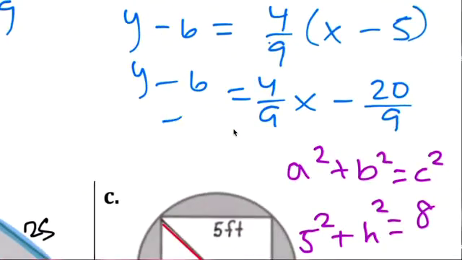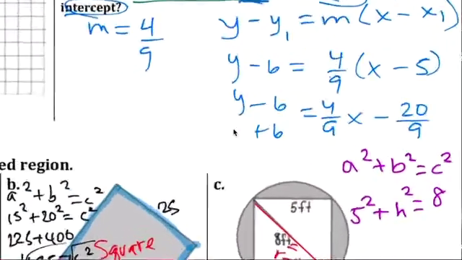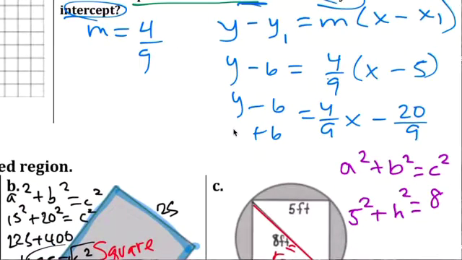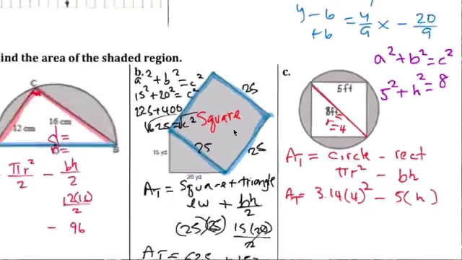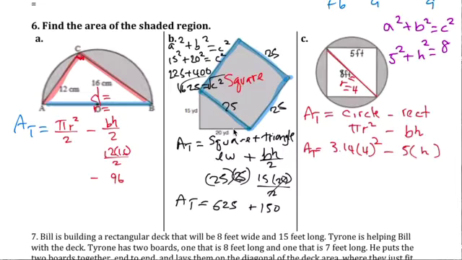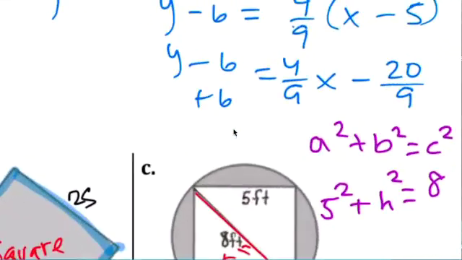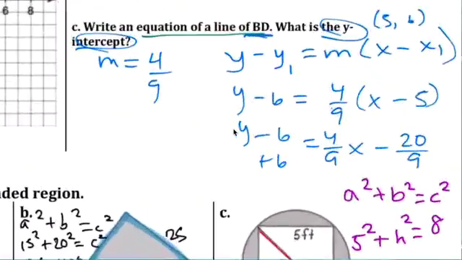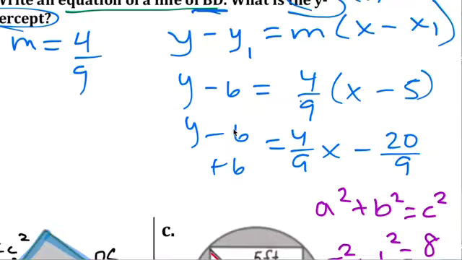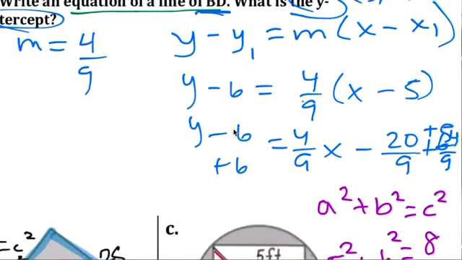I'd add 6 to both sides. This is how you do that before I erase. It's going to be on the test, definitely, for sure. Adding 6, I change it into 54 over 9, positive, and I get 34 over 9.